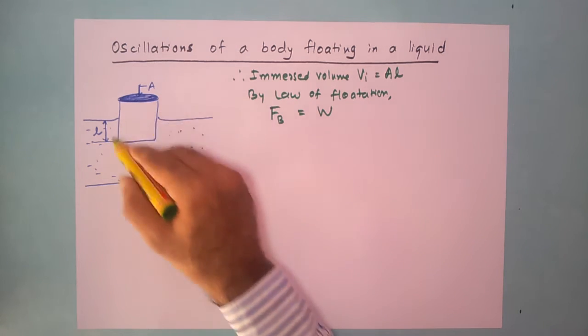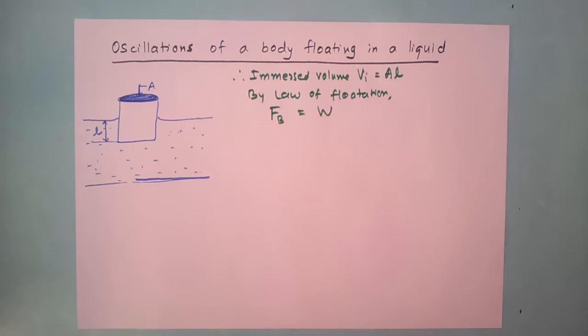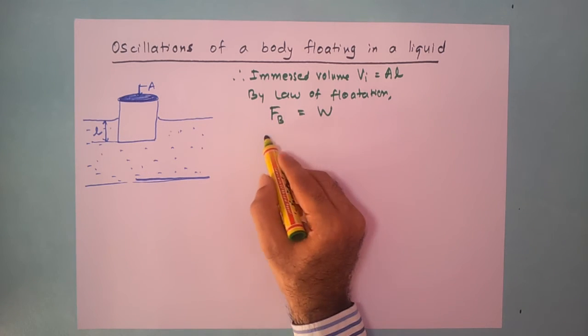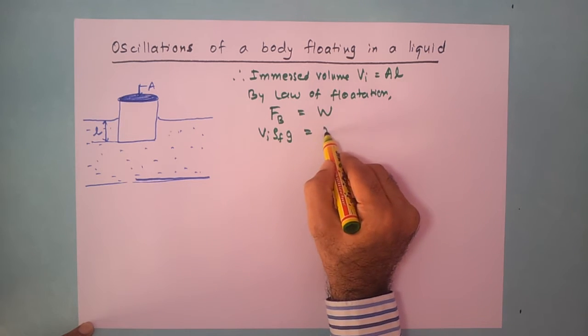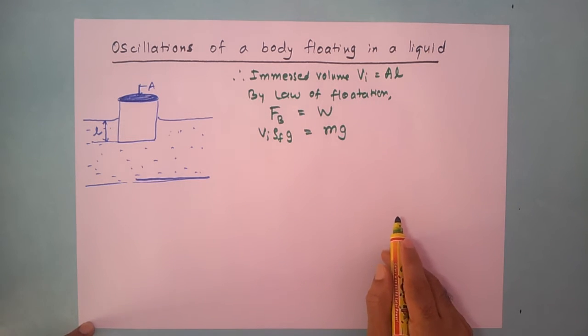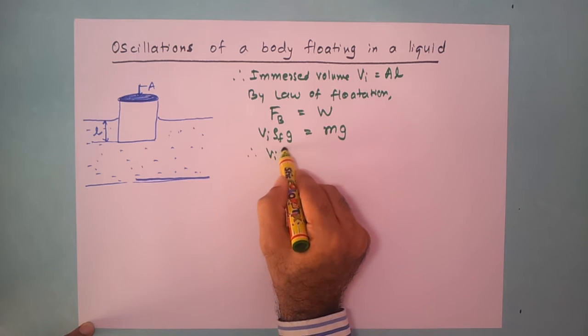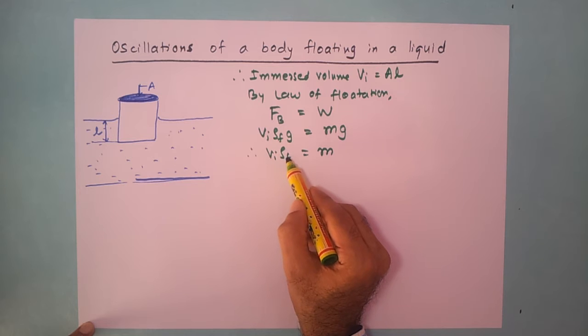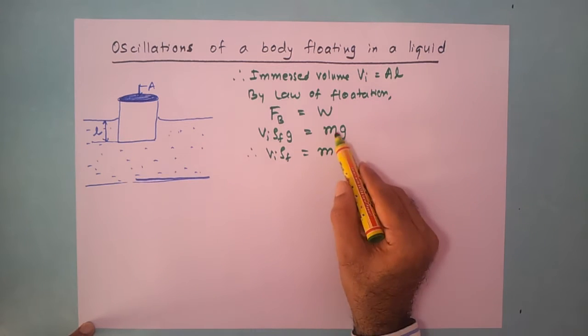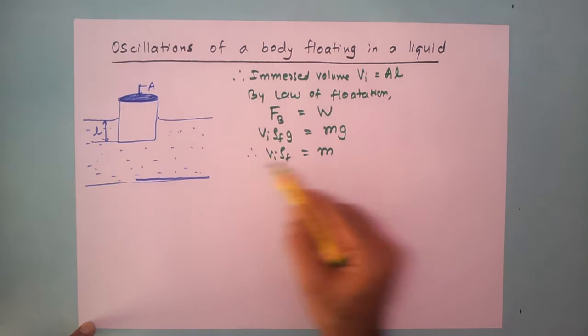Therefore, this object continues to remain in equilibrium in this particular position. Now, what is upthrust? Upthrust is Vi rho F g, and weight is mass of the body into g. Therefore, Vi into rho F is equal to m, where Vi is the immersed volume, rho F represents density of the liquid, and m represents the mass of this object.